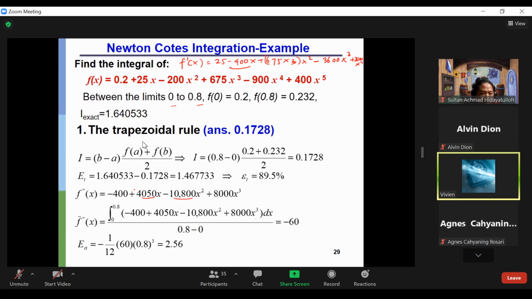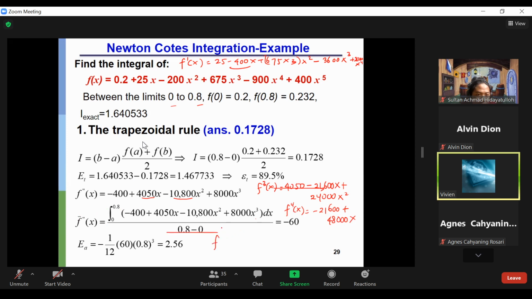If we want to find the third derivative, that will be equal to 450 minus 21,600x plus 24,000x squared. So the fourth derivative will be minus 21,600 plus 48,000x. And then we do the same thing as this one.